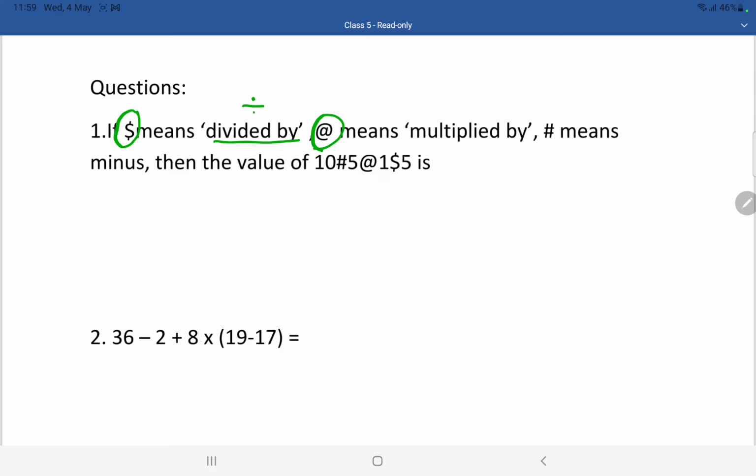The at the rate symbol means multiplied by, means multiplication. If this hashtag means minus, means subtraction, then they are asking you for the value of this. So first you need to write the given data whenever you are given a question. So what have they given?